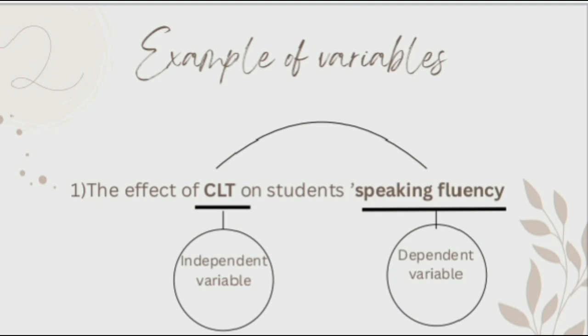If my experiment tells me that through this method the fluency of students is not improving, I will change the independent variable and then check the results or impacts of GTM on the speaking fluency of my students.